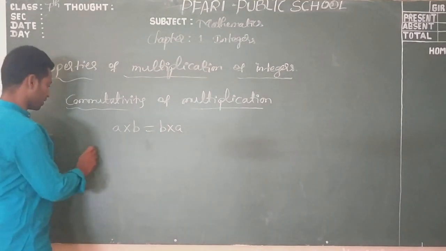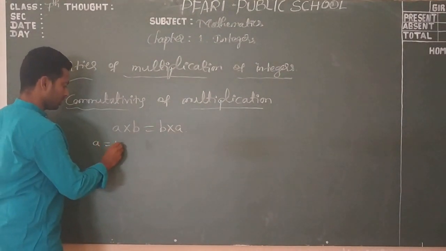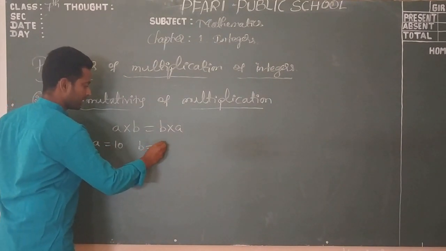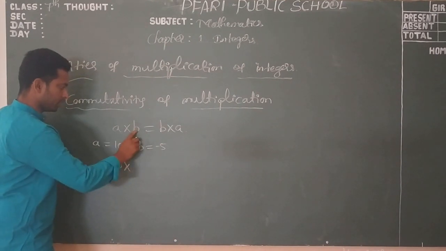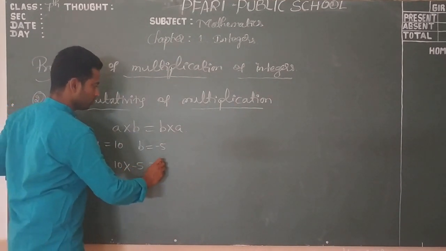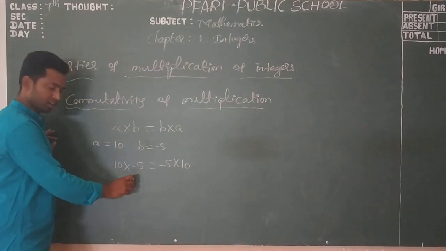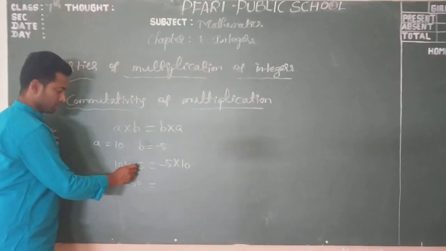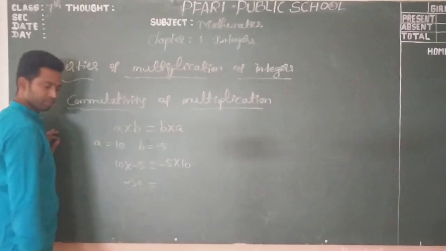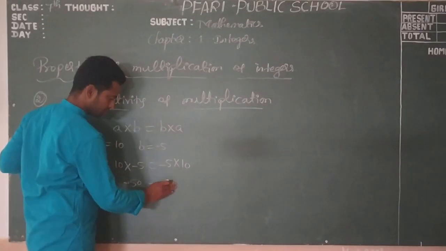Suppose, for example, a equals 10 and b equals minus 5. Then 10 into minus 5 equals minus 5 into 10. 10 times 5 is 50, so minus 50. And 5 times 10 is 50, so minus 50.